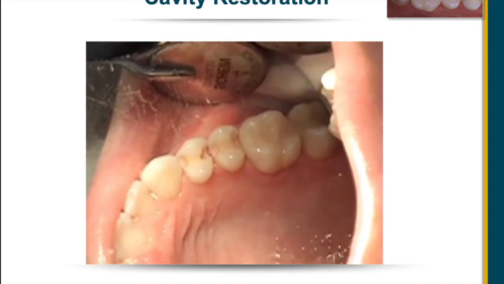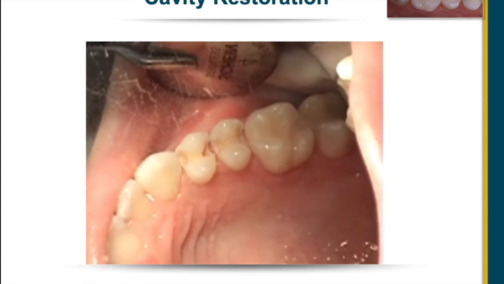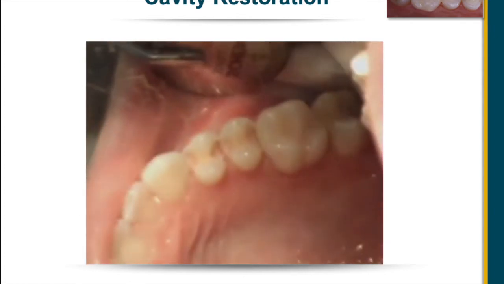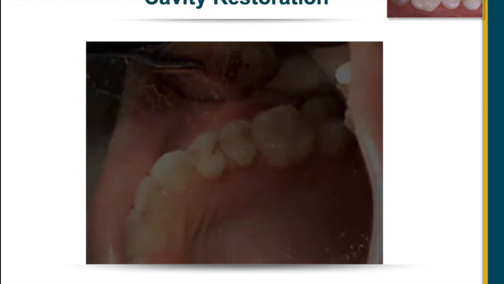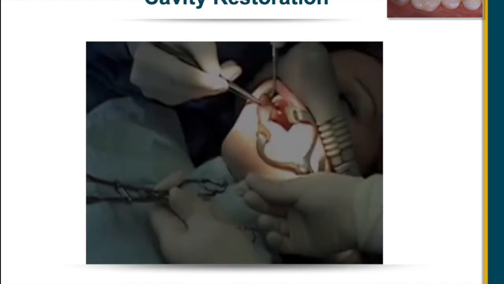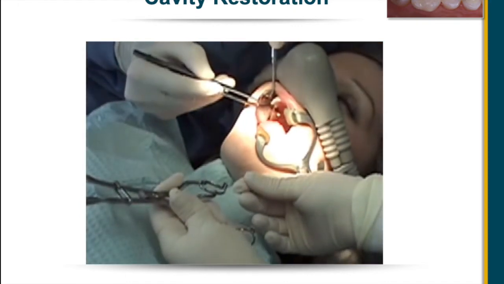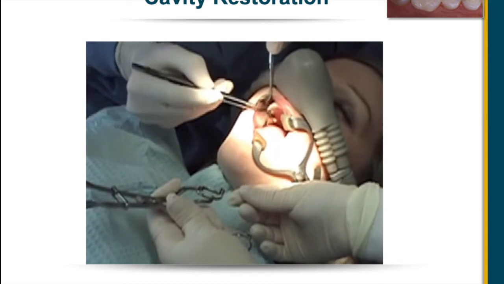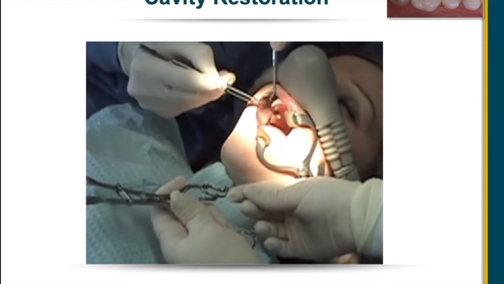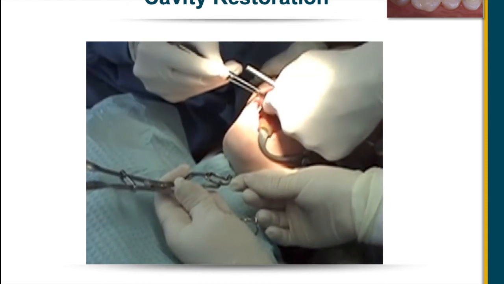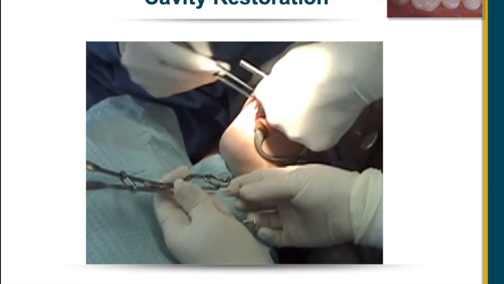And just a quick view of the finalized preparation. Notice we prepared both the teeth that we were planning to restore before we restored them. The next step is to create a wall between the tooth that we prepared and the tooth that has been unprepared. This wall is often created by two different methods.